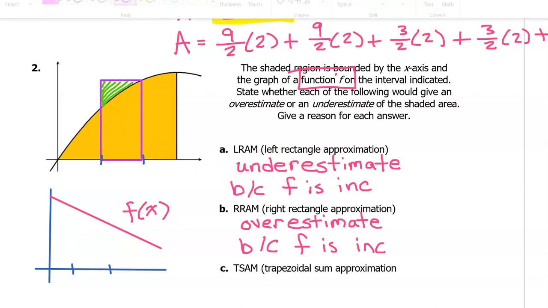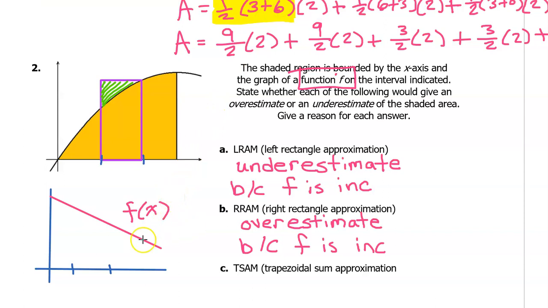What if we do the RRAM, the right rectangle approximation? So focus on the right-hand side of this rectangle, and there it's just barely touching. But notice this time the area is too small. We've got this extra space above the rectangle that's being left out and ignored. So now suddenly we have an underestimate instead of an overestimate.